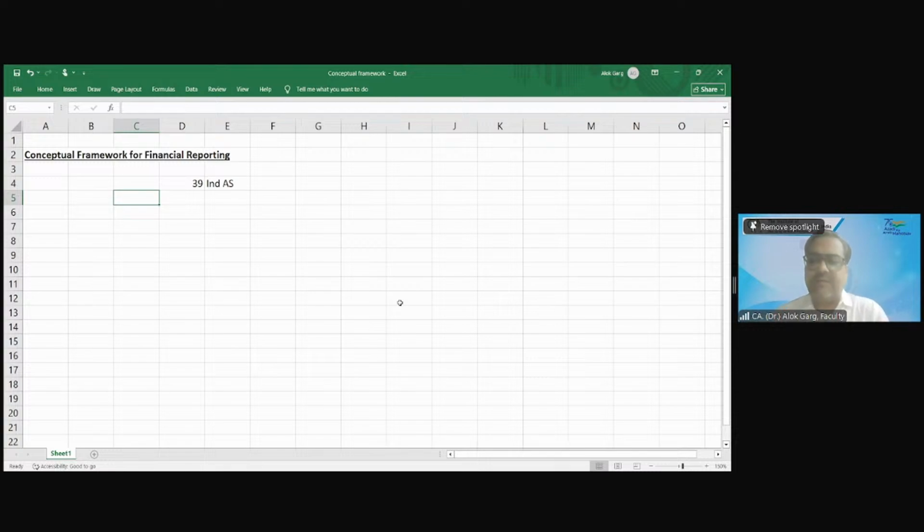When an entity is applying those standards, which are on different topics, in a particular financial statement, how come all these standards provide the same basis of information, the same basis of explanation? How come it is possible that all the Indian accounting standards talk about the accrual concept?